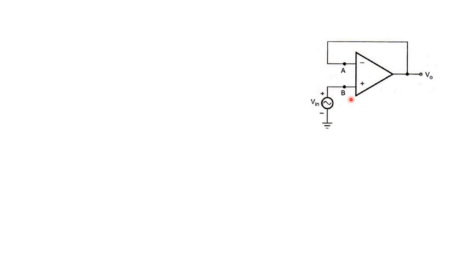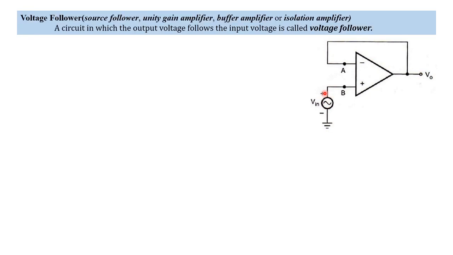So in this circuit, we give an input to the non-inverting terminal, that will be forwarded to the output, that is fed back as an input. So what we are getting is feedback, which follows the voltage we are giving on the input side. So the name of the circuit is a voltage follower.